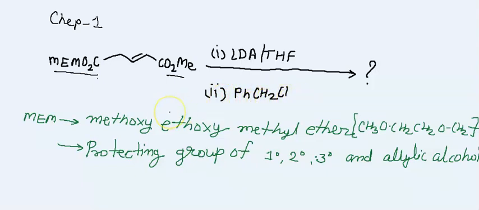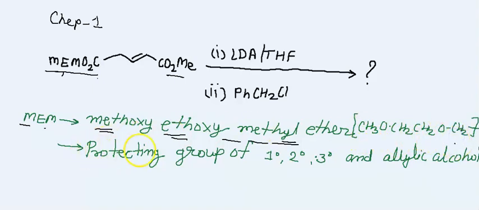PhCH2Cl. You should also know the name of this protecting group. This is a protecting group of the ester also. The name of the protecting group is methoxy-ethoxy-methyl ether, and the structure is CH3OCH2CH2OCH2.